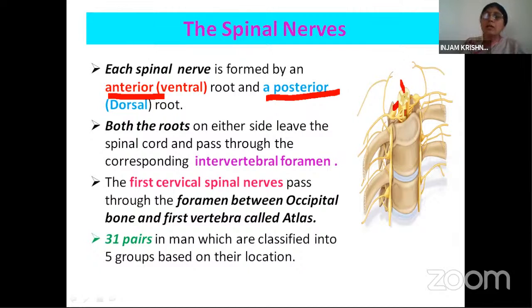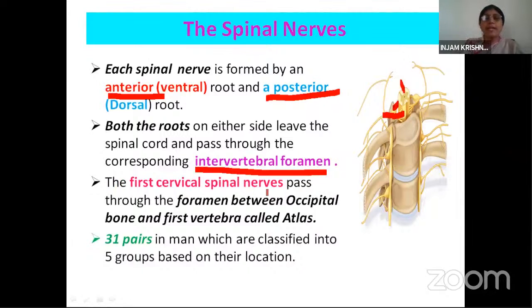From the anterior, another root. Both of them together form the spinal nerve. That spinal nerve emerges out. You can see here, this is one vertebra, this is another vertebra. In between there is a foramen, that is the intervertebral foramen. Through it our spinal nerve emerges out. Have you followed me? Yes.